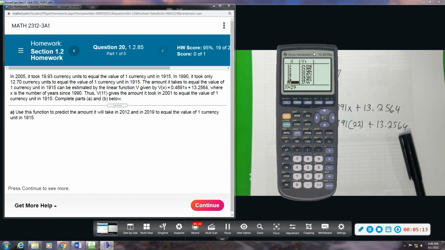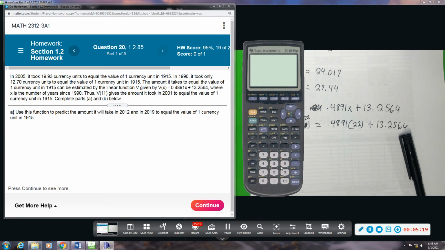You can also, on the calculator, just type it in like that instead of doing the graph. I like to do the graph because I only have to type the equation once, and then I go find the number, versus typing it every time. So 0.4891, and then in parentheses, I'm going to do 22, close it, plus 13.2564.